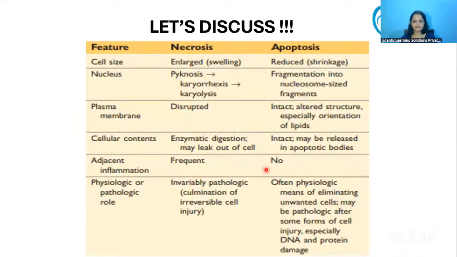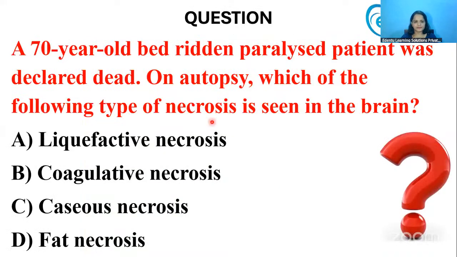Now, next question. A 70-year-old bedridden paralyzed patient was declared dead. On autopsy, which of the following types of necrosis is seen in the brain? Now we had discussed all about the cytoplasmic changes and the nuclear changes that are happening.